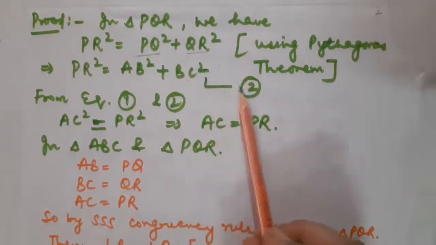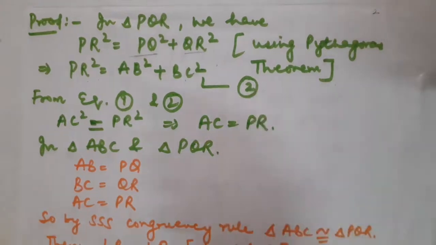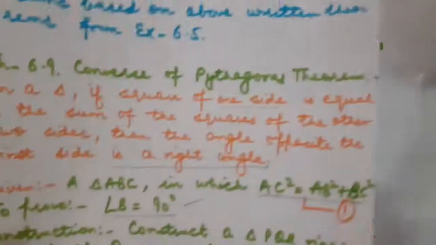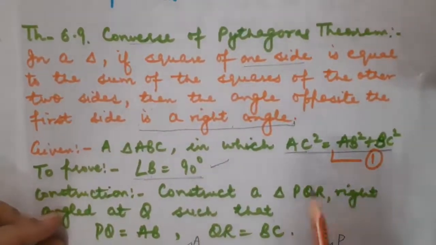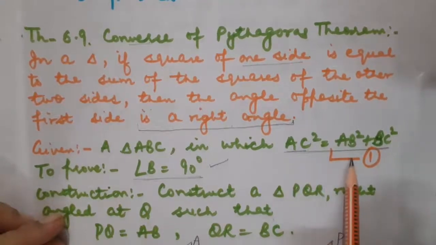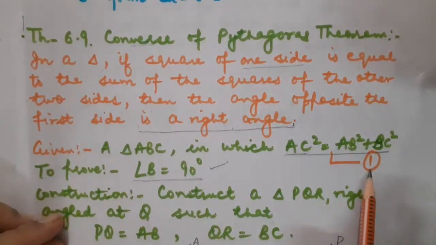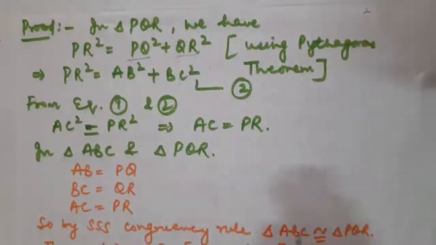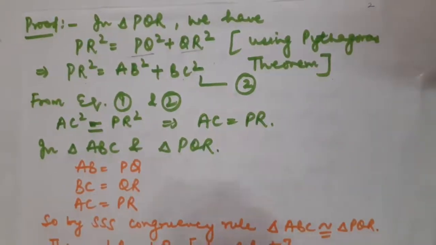Let it consider as equation number 2, and what was given, that was considered as equation number 1. Means AC square is equal to AB square plus BC square is equation number 1.